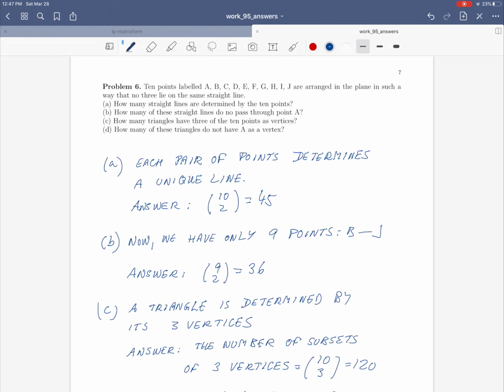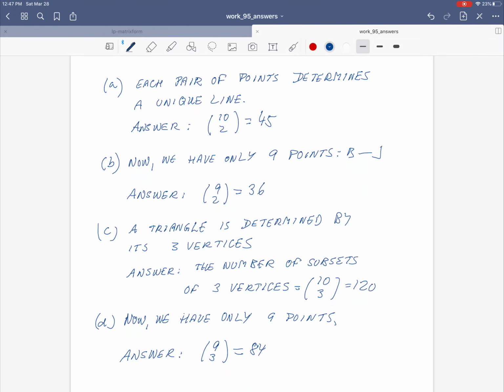And finally D, how many of these triangles don't have A as a vertex? That reduces the number of vertices we can use to 9, B through J. So the answer is 9 choose 3, choosing 3 out of 9 vertices, which comes to 84. So those are the answers for problem number 6.